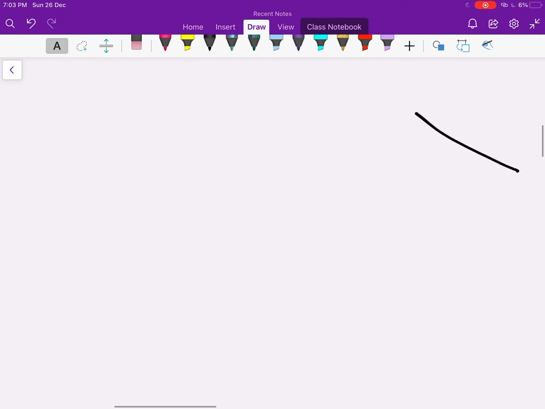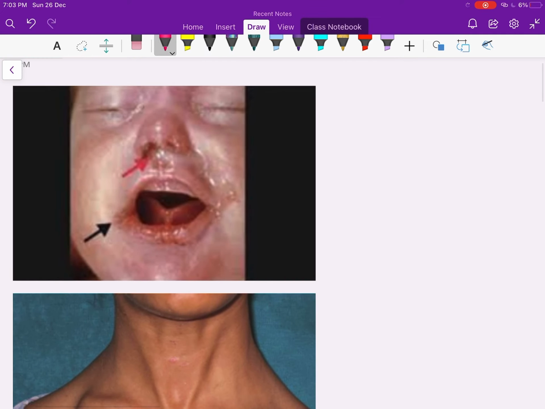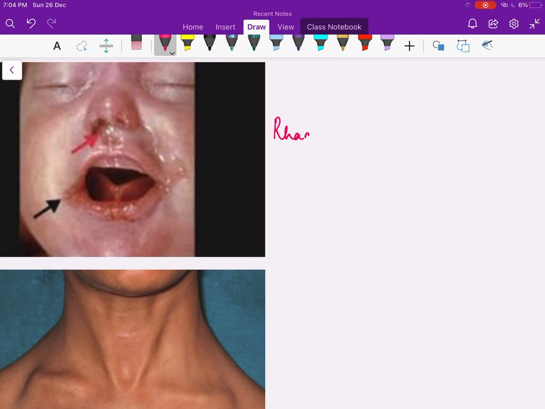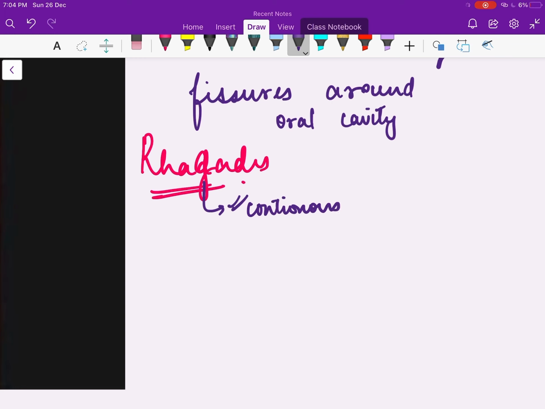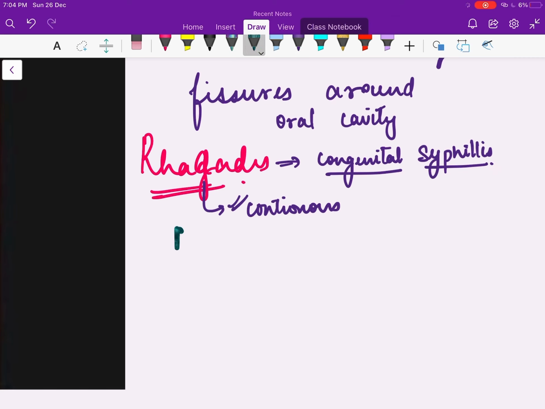Coming to the other characteristic features of congenital syphilis, here you can see there is fissuring around the oral cavity and the nasal cavity. These fissures are called rhagades. These are the fissures around the oral cavity, but they can also be seen around the nasal cavity. These are continuous, because there is something called pseudo-rhagades.